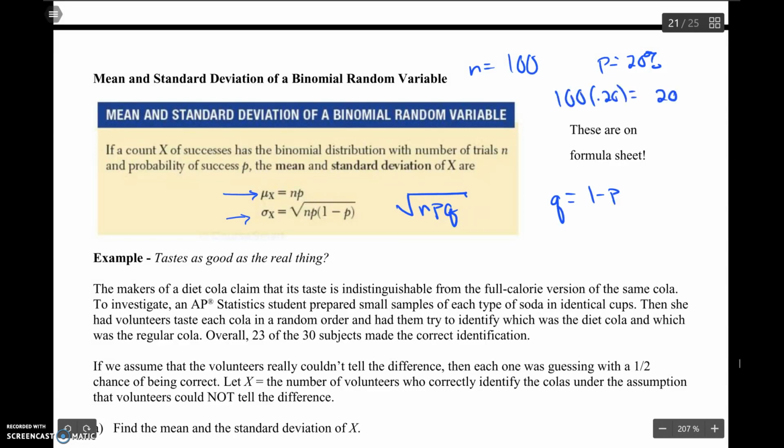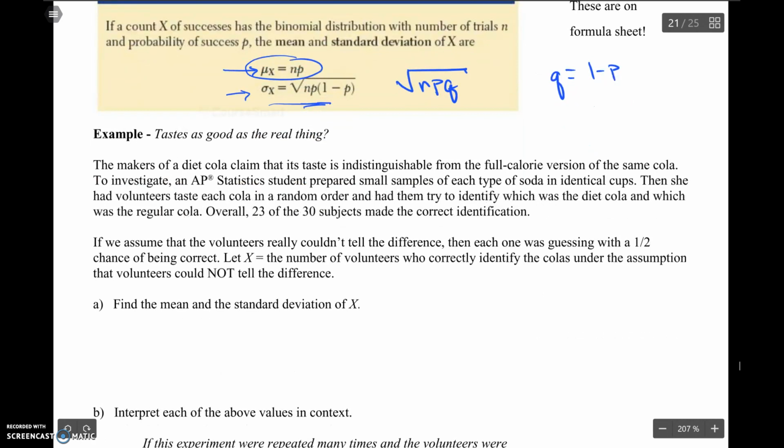You just take p times n. So this is really pretty common sense. The standard deviation is a direct consequence of the variance formula, the adding of variances for independent trials. I'm not going to prove it here, I'm sorry, but I might in class. You don't really need to know the proof of it.